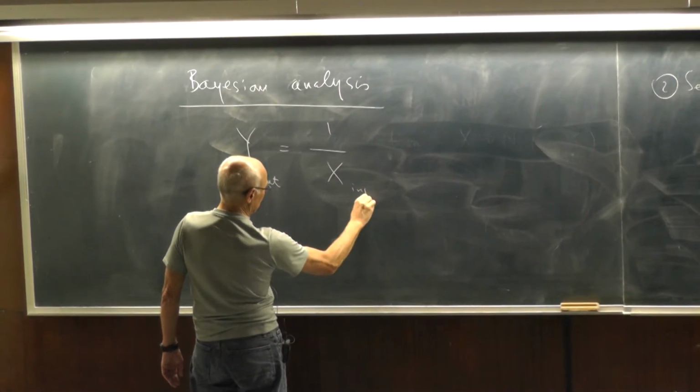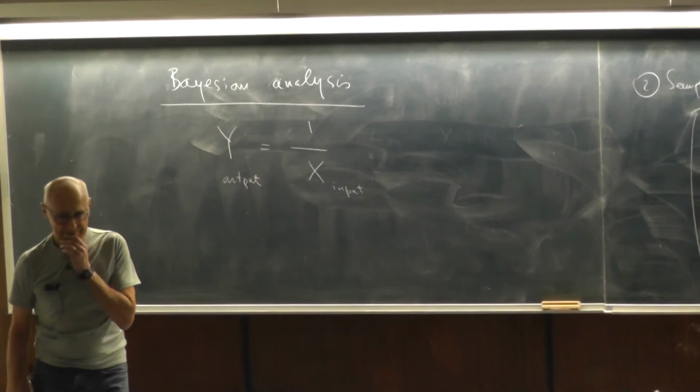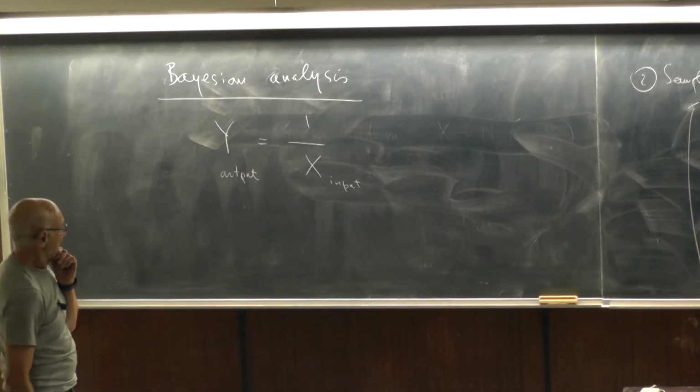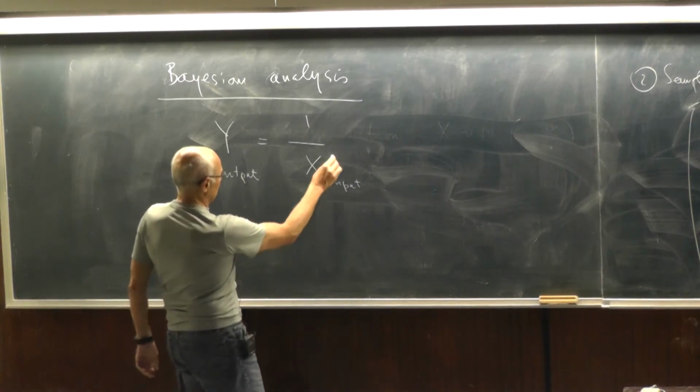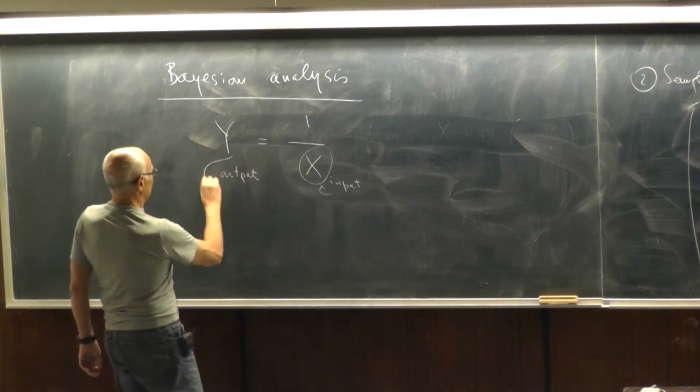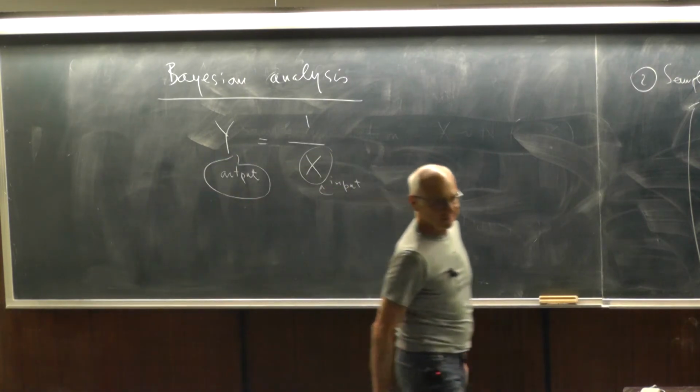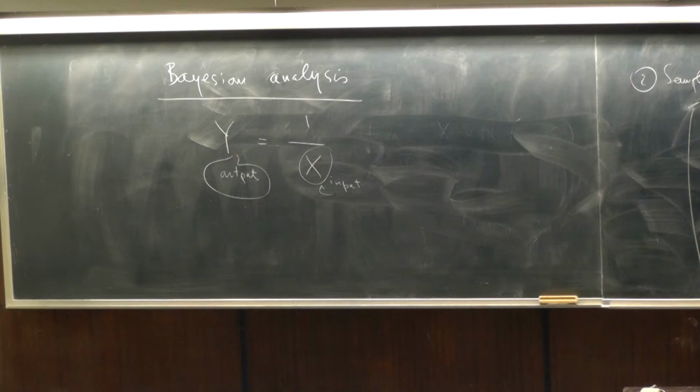X is the input. So that's the input. This is the output. Again, it's basically a very simple version of the simple example I presented originally. That is a displacement of the cantilever. Suppose that force is a constant and I scale the whole thing to be 1, so the displacement is the inverse of the stiffness. So x can be the stiffness and y is the displacement.